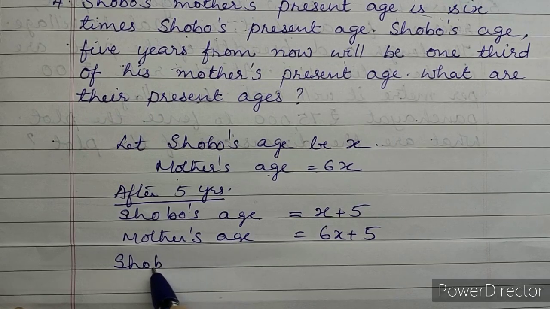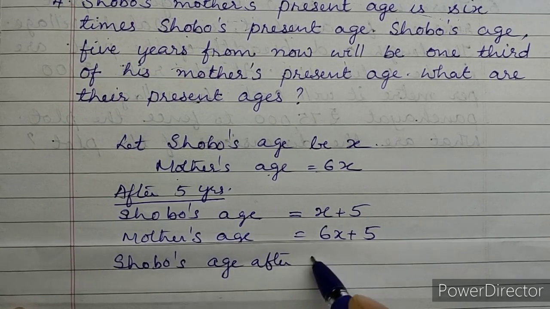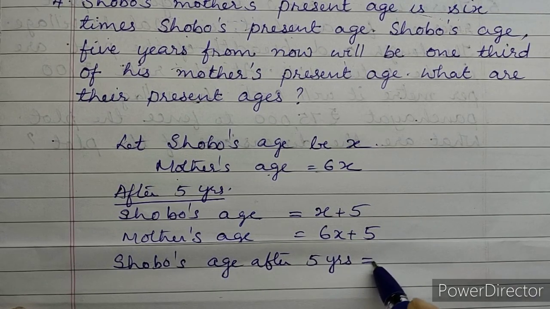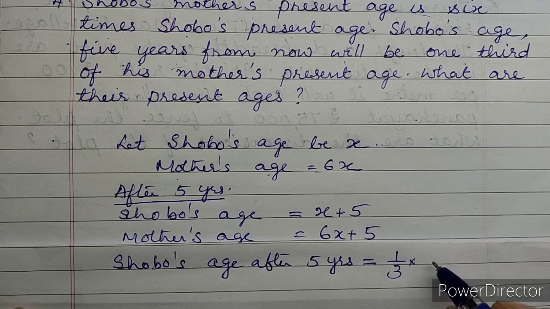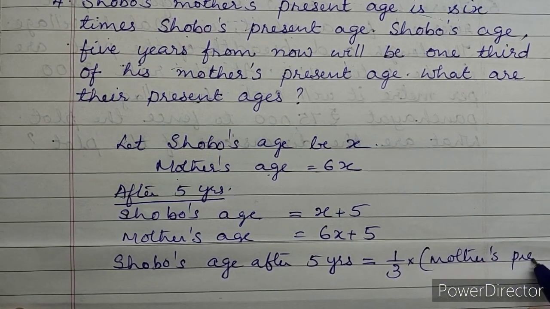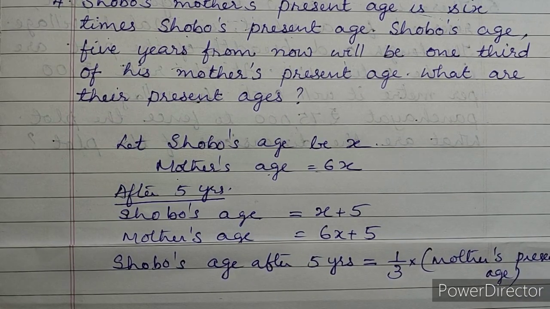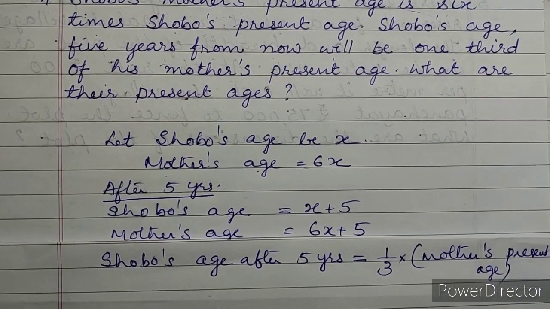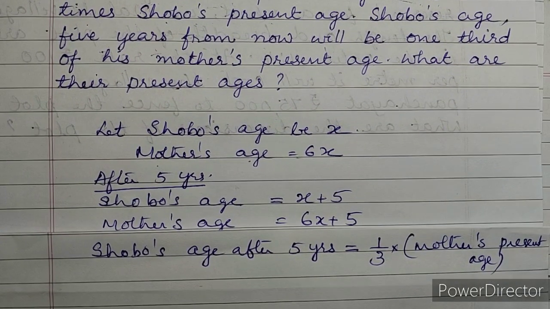Shobo's age after 5 years is equal to 1/3 of, that is 1 by 3 into, mother's present age, not the age after 5 years.